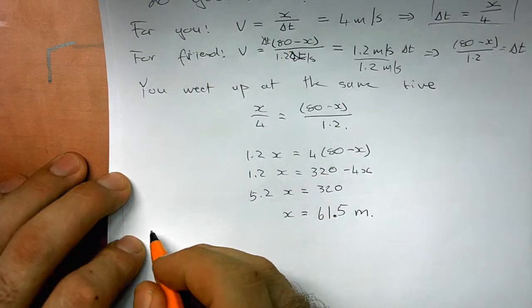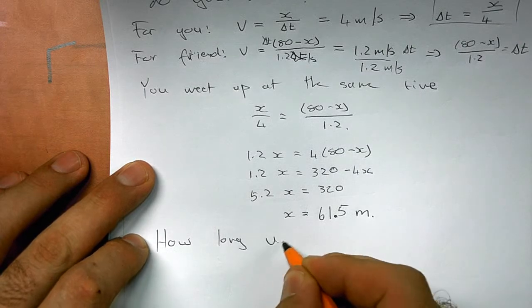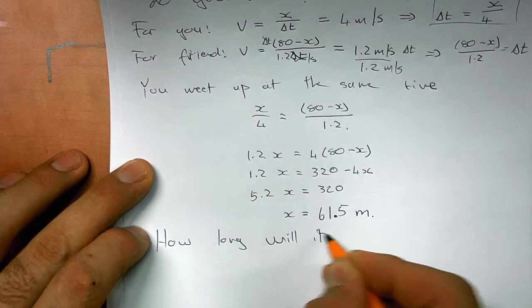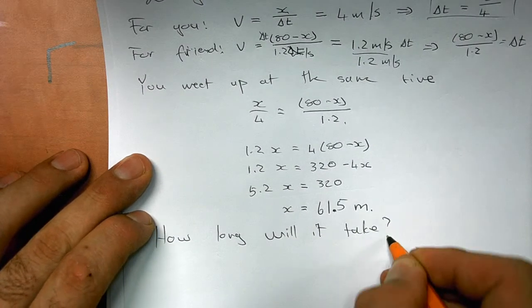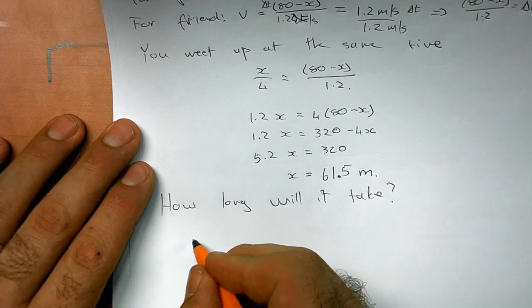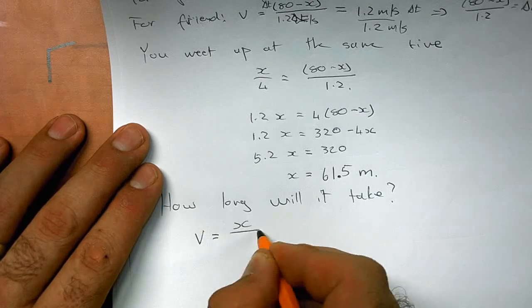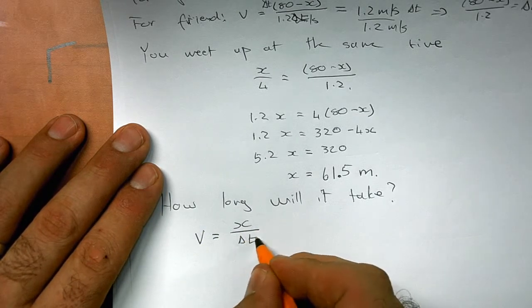The next question that we can ask is, how long will it take you? So how long will it take to travel that distance? Well, again, we know your average speed is equal to the distance traveled divided by the time taken.